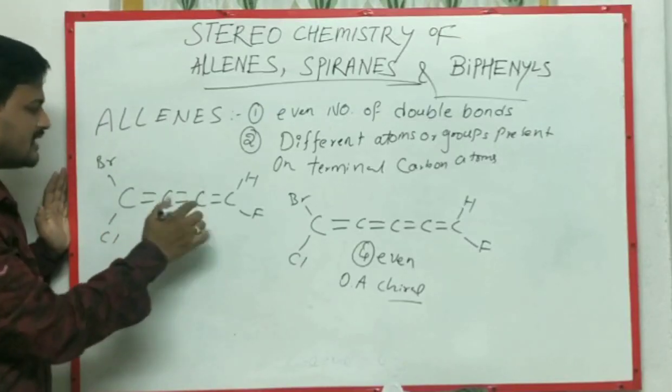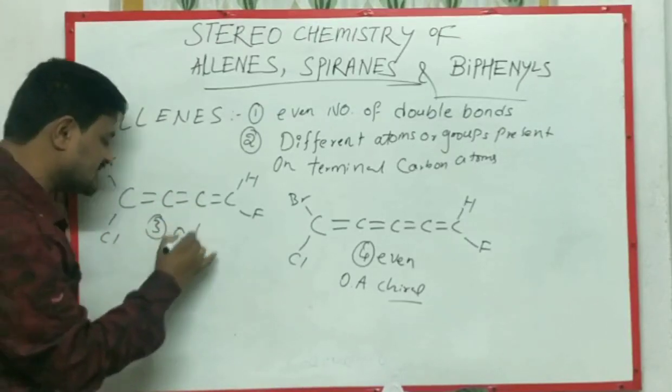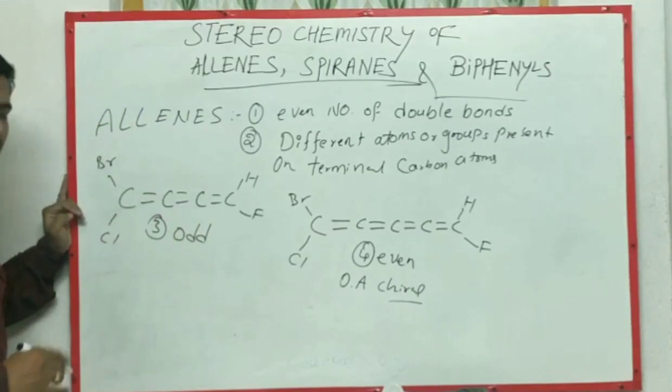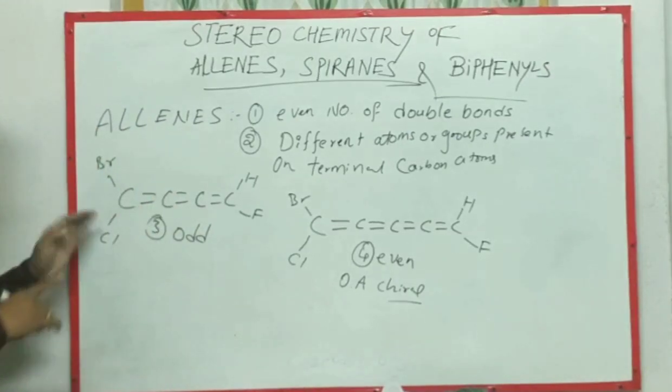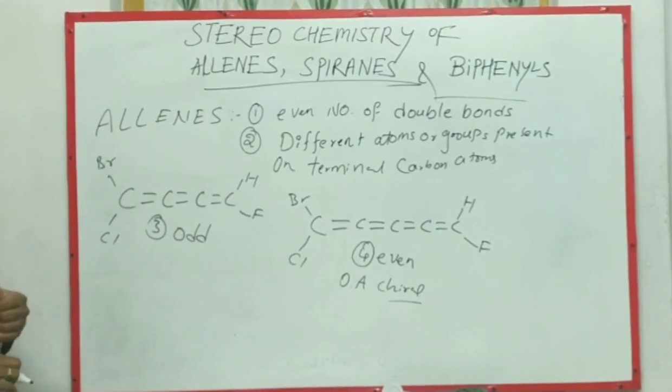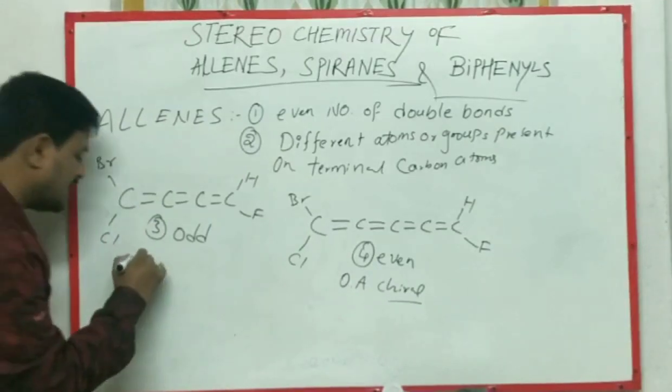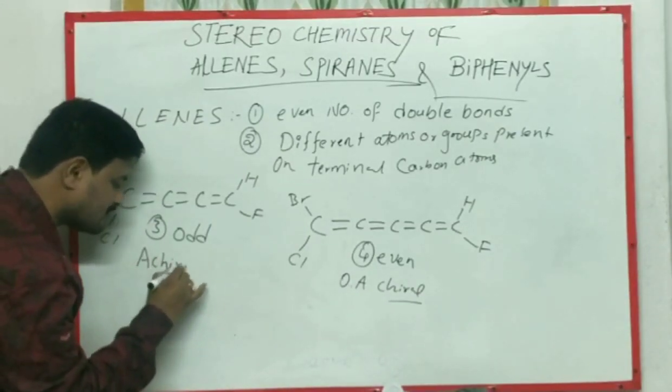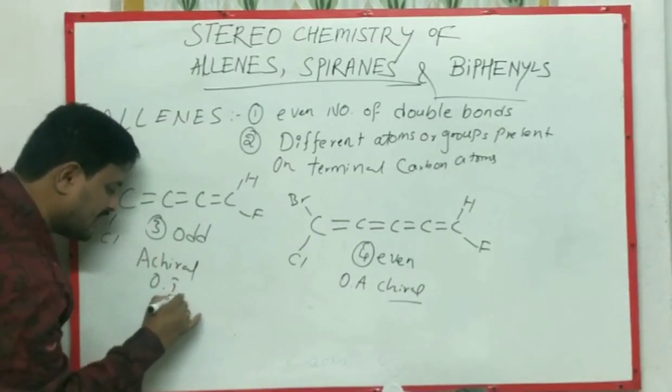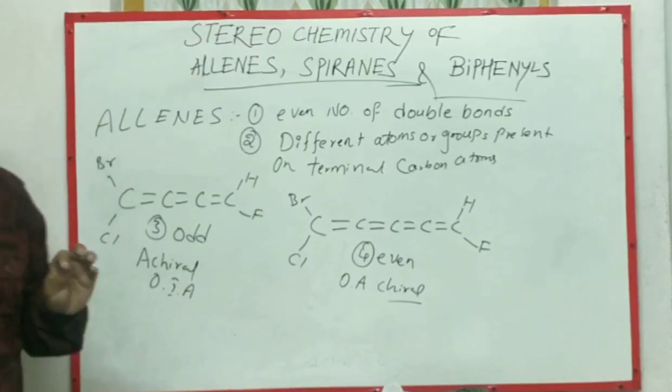Three double bonds. It is odd. The different groups are there, but here an odd number of double bonds exists. Because of the odd number of double bonds, it is achiral and optically inactive. Are you clear?